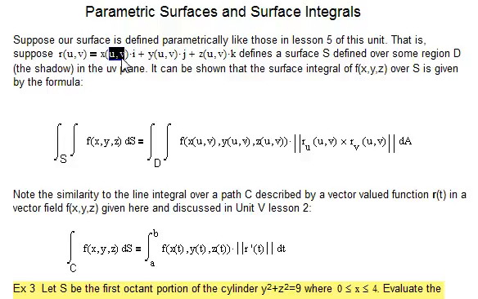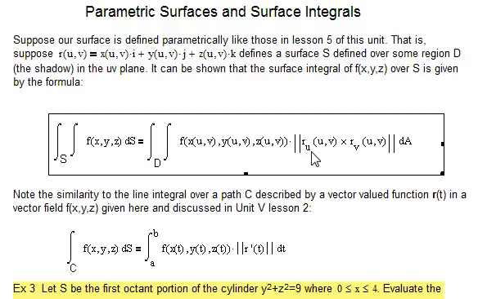We get that from here, here, and here, times the length of the cross product of the partial derivative of our vector valued function with respect to u and the partial derivative of the vector valued function with respect to v, dA, and we'll do an example in a minute.